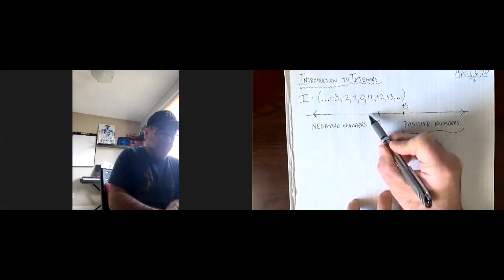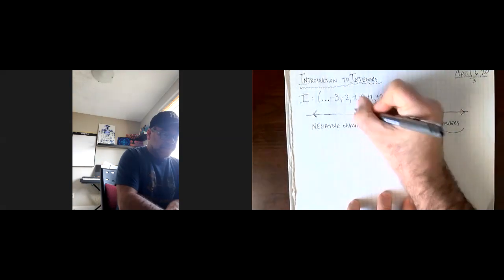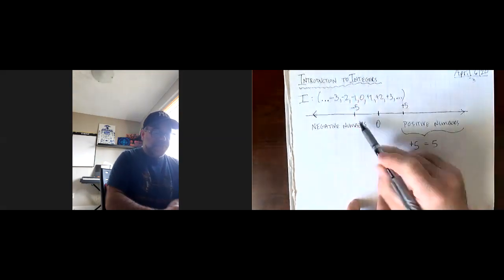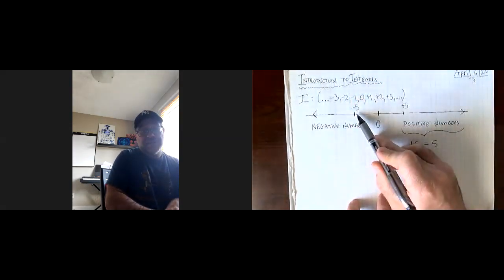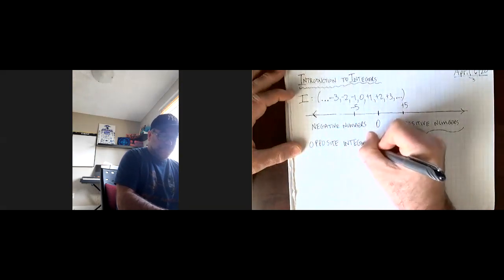So -1, -2, -3, -4, -5 is the opposite of positive 5. So opposite integers are things like positive 5 and -5.